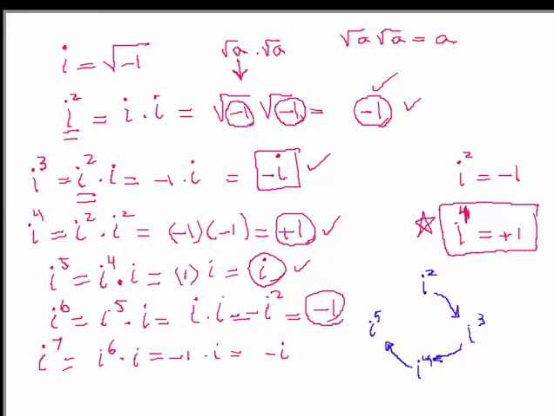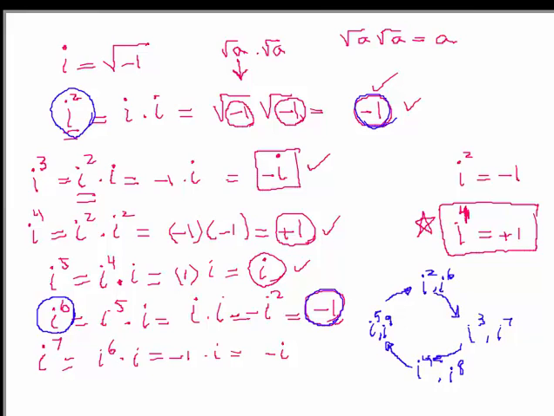Then there will be i to the power of 5, and then i to the power of 6. You see i to the power of 6 and i to the power of 2 go back to the same number again. Then you go to i to the power of 7, i to the power of 8, i to the power of 9. I'm going to stop right there because I'd have to go forever.